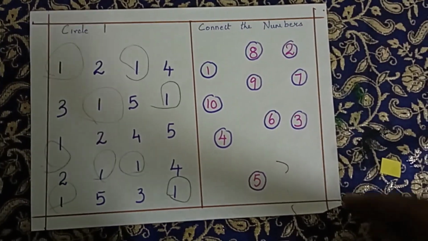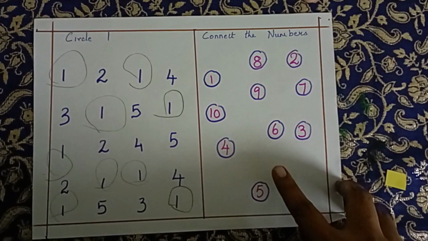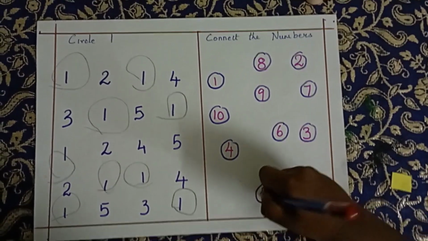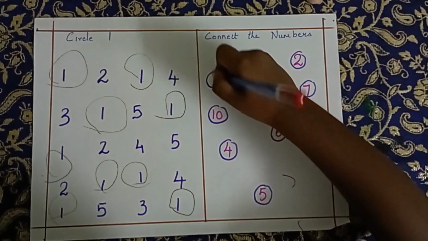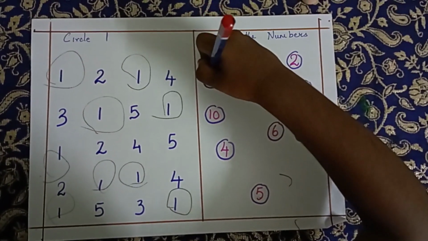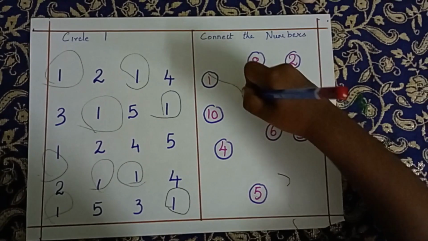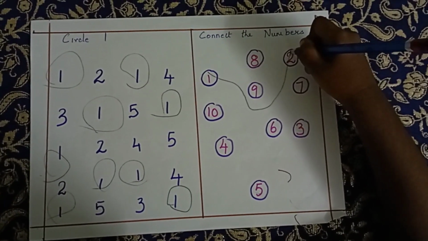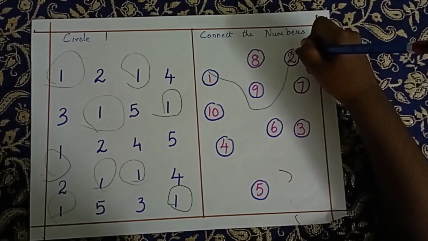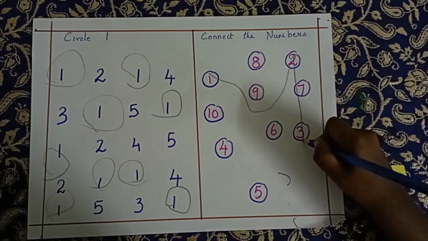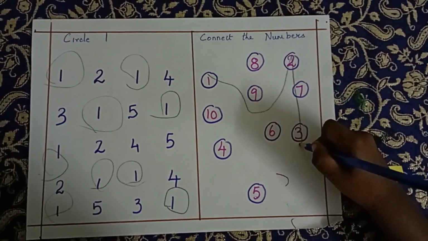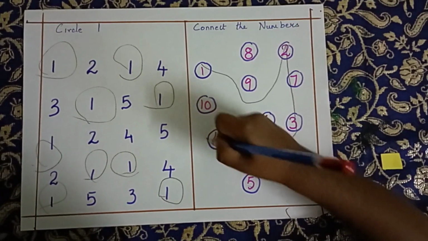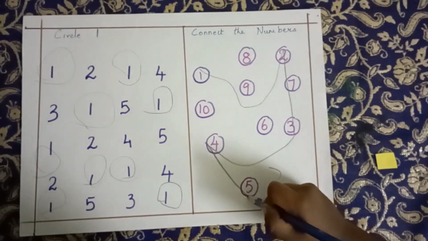Okay, super. Now here you have to connect the numbers from 1 to 10. 1, 2, 3, like that. You have to draw a line and connect it. Start from 1. After 1, 2. Draw a line to 2. Now after 2, 3. Then 4, 5, then 6.